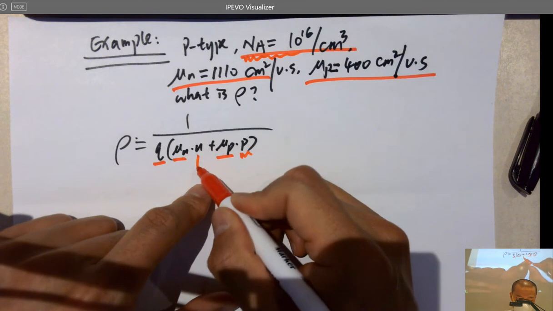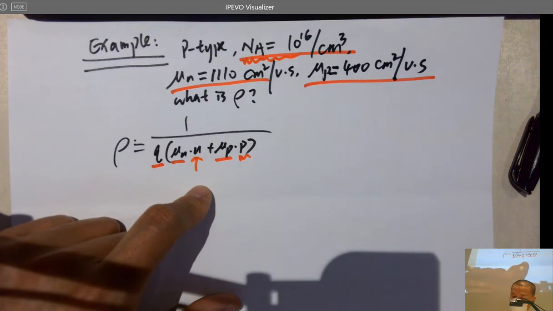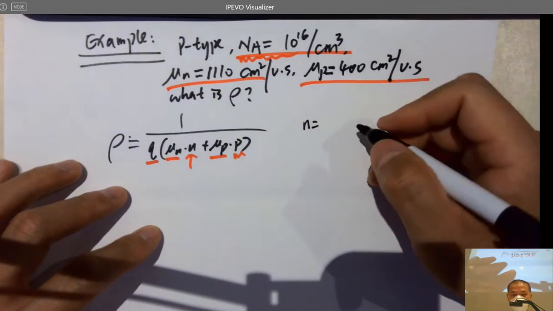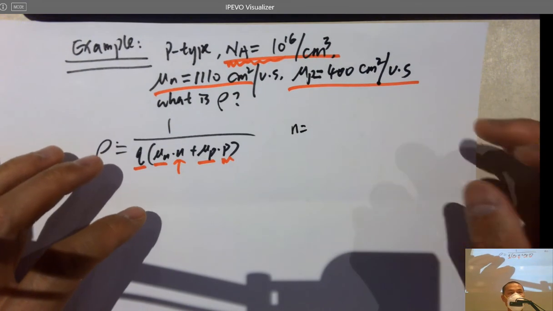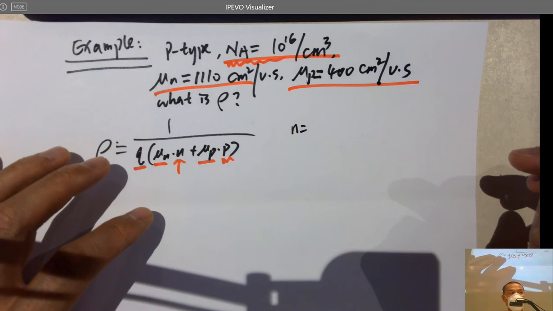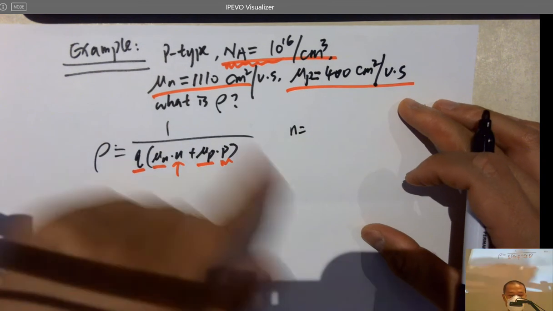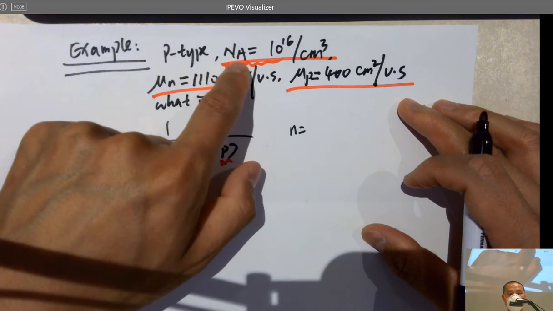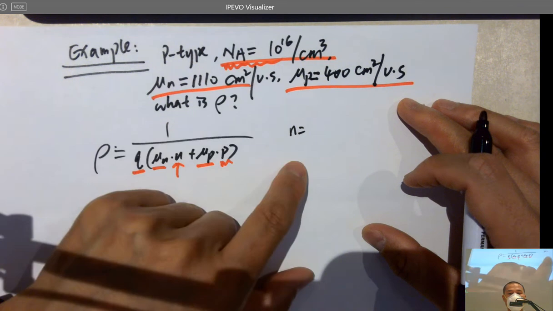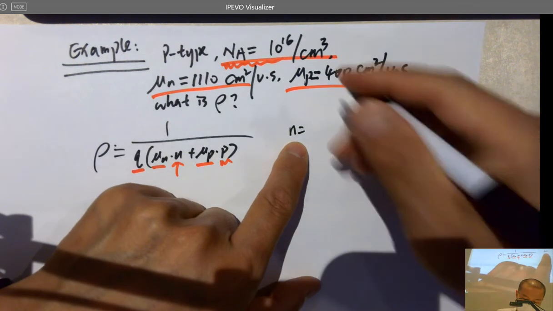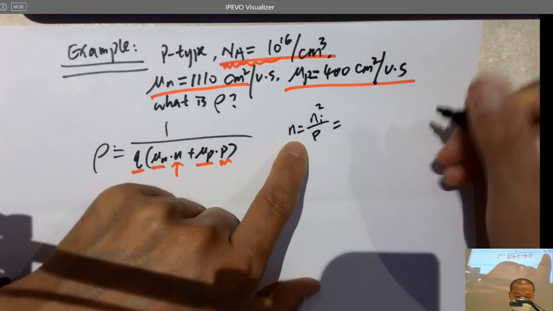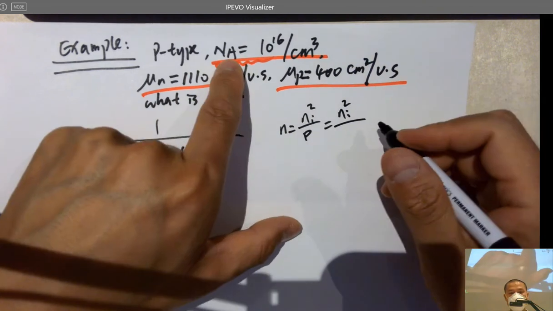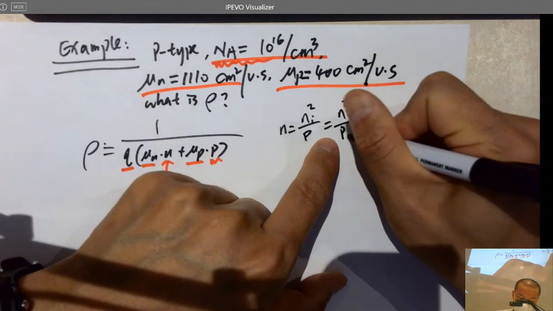So now you need to calculate n first. How to calculate it? Is that N type or P type? P type, because it's given, or you can tell from here that the acceptor is the majority. So it's a P type and n equals ni squared over p, and p here in this P-type semiconductor is pp.